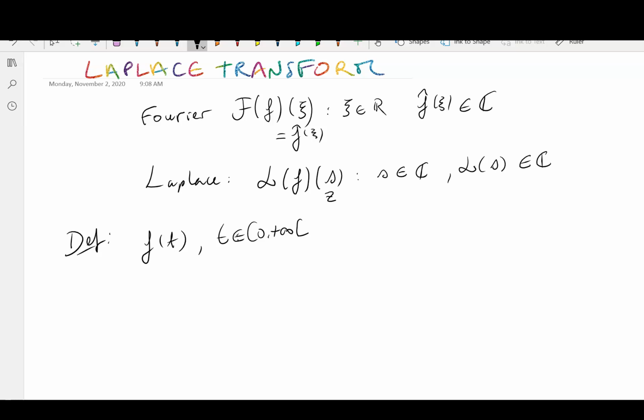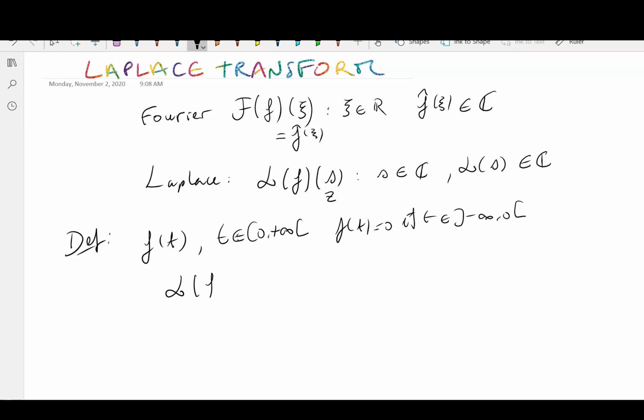If you want to define f for t negative, we can put f of t equal to 0 for t in negative infinity to 0, and you will see that we need that in order to get some convergence of the definition.